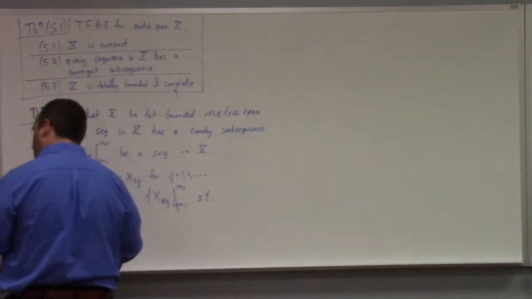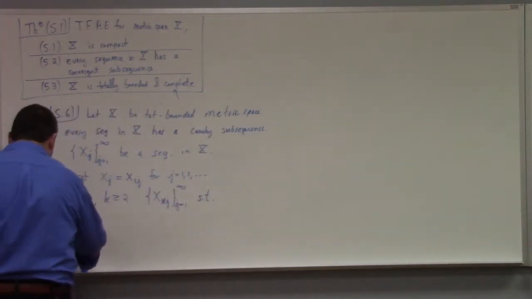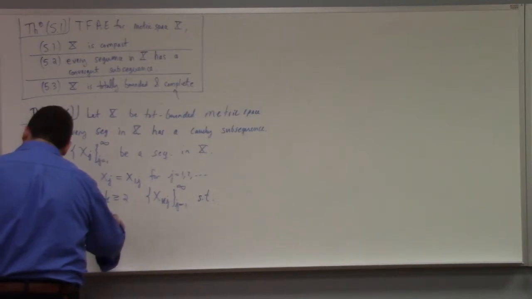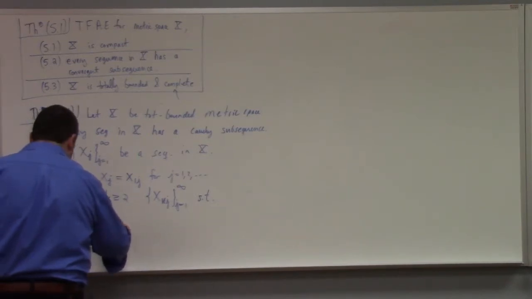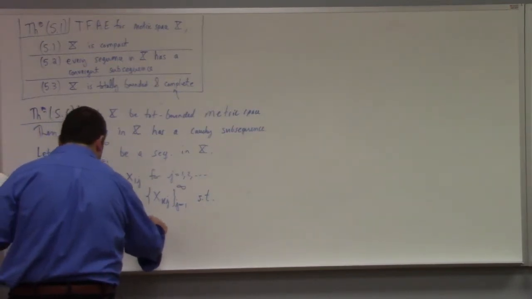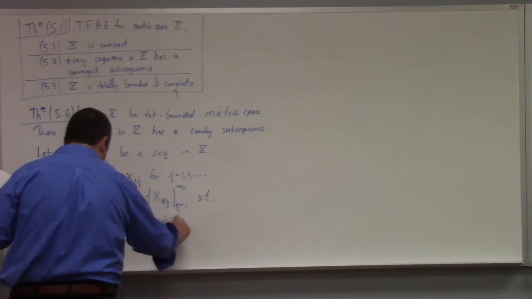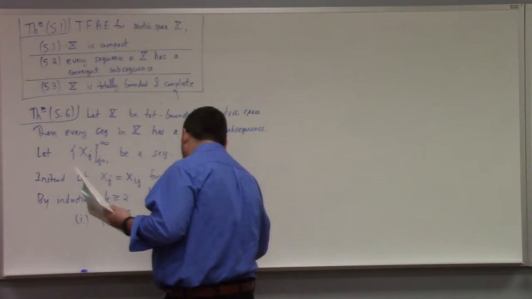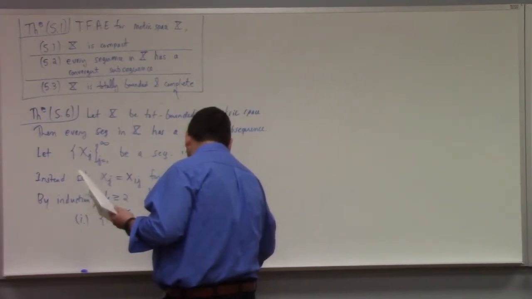What are the properties? Number 1, x_kj, j equals 1 to infinity, is a subsequence of x_(k minus 1)j.